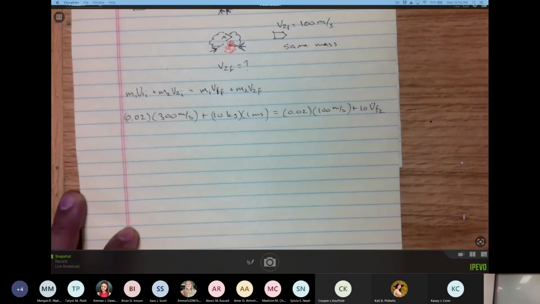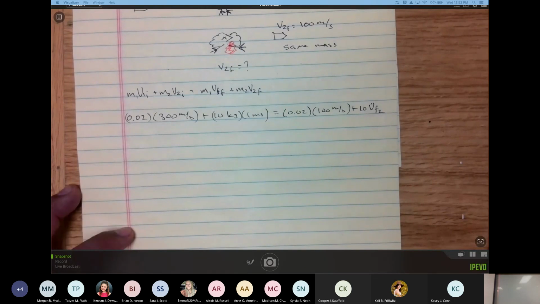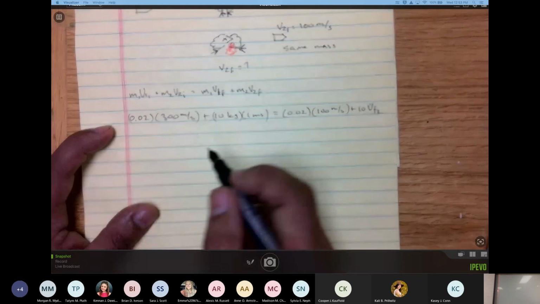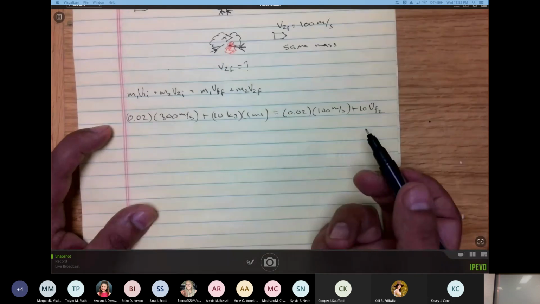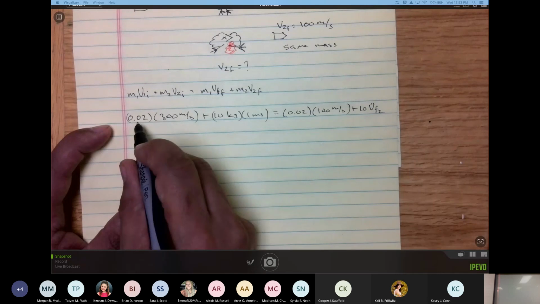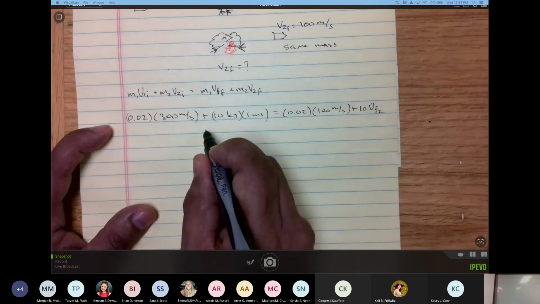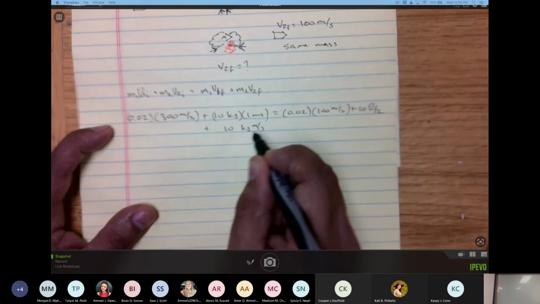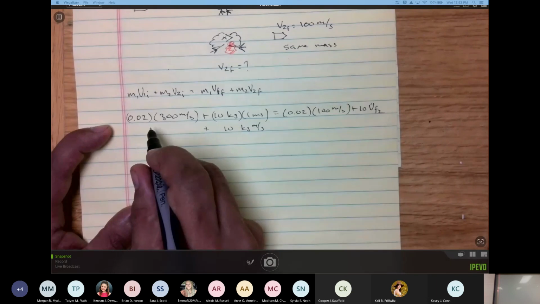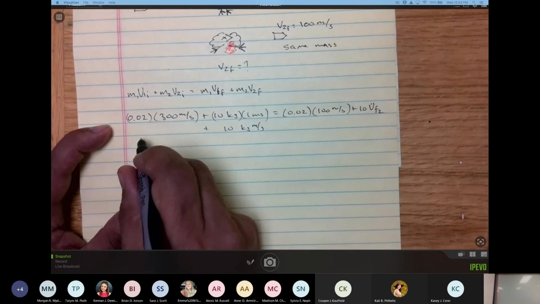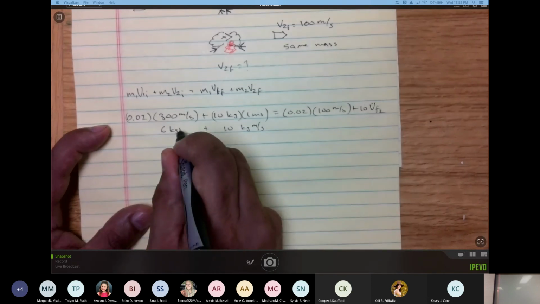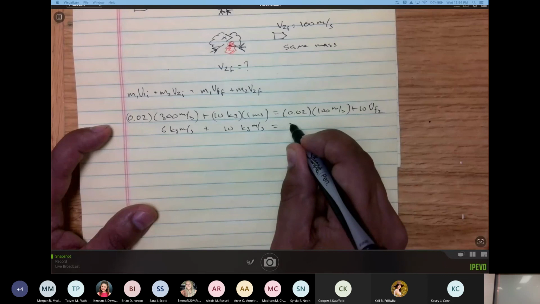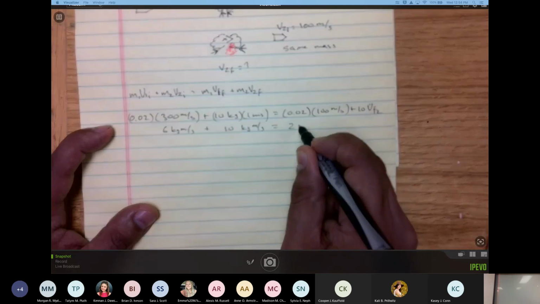Okay. And then solving, there are different ways that you can solve it, but I think the easier one is just multiplying this. So here you're going to end up with 10 kilograms per second on the first part. What did you guys get, Alexis? 6 kilograms per second. And here you would have 2 kilograms per second plus 10 vf.